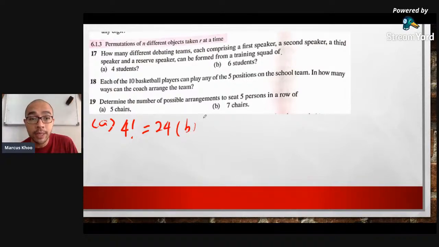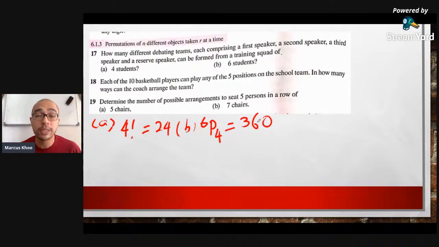So the answer will be, I have 6 people altogether, and I want to choose and arrange. I want to permutate only 4 people. So 6P4. According to our calculator, 6P4 will give us 360 possibilities, possible squads that you can have.